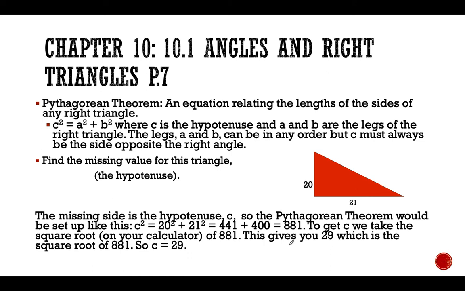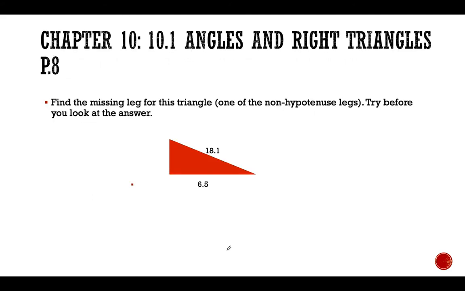So we have C squared equals 881. Now, C has a square, so in order to find C, we have to take the square root. So taking the square root of C squared gives us C. Taking the square root of 881 gives us 29. So we've solved for C, and C equals 29.